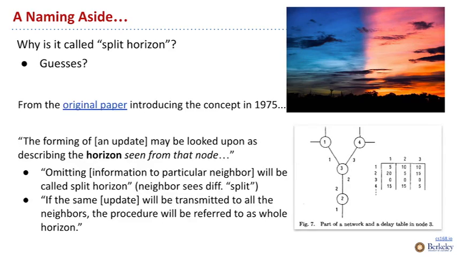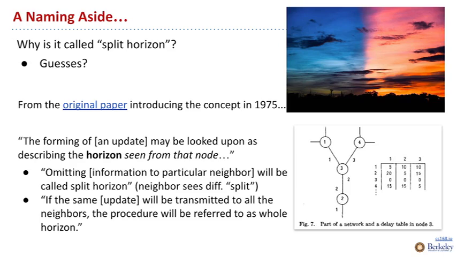I looked this up, and in the original paper, they describe the forming of an update of all the paths that you have as your horizon. I imagine you're a node in the graph, and you look outwards, and that's your horizon, how you get to everywhere else. But specifically, it's split because you're omitting information to a particular neighbor. So different neighbors are getting different views of your horizon.